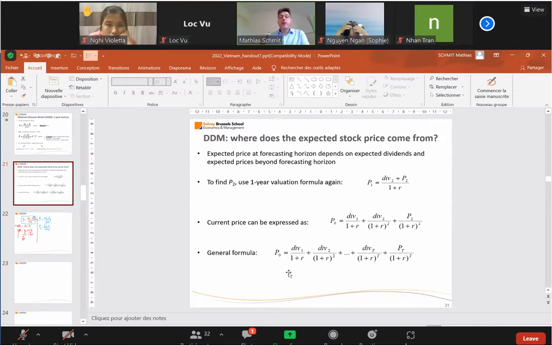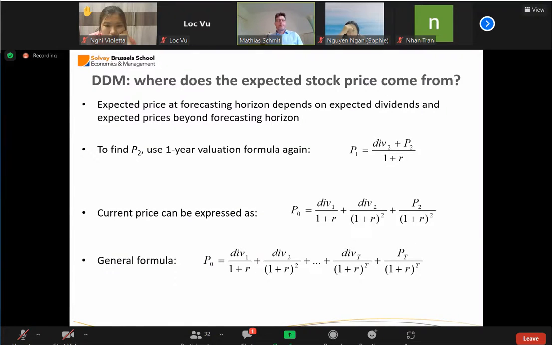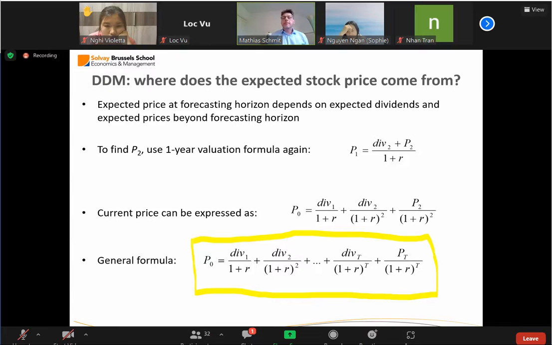In fact, the general formula: my price is the discounted value of all the future dividends. Okay.